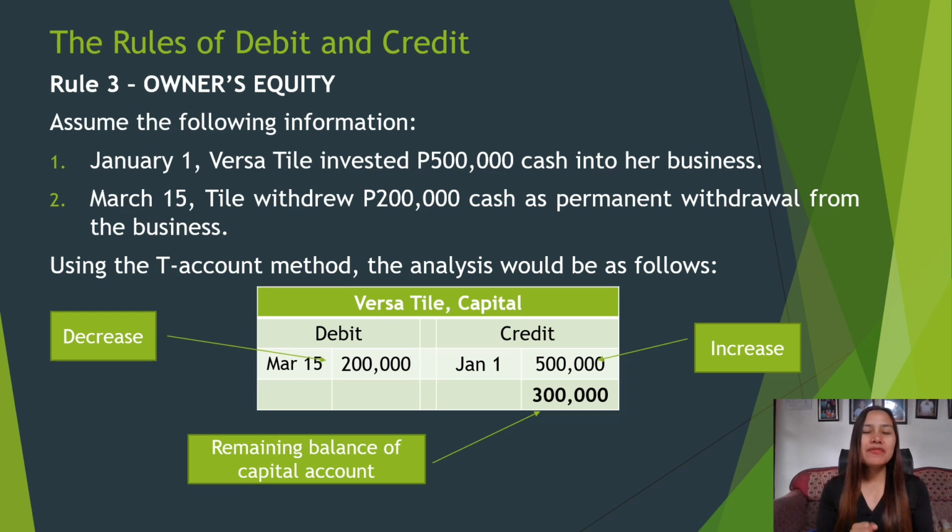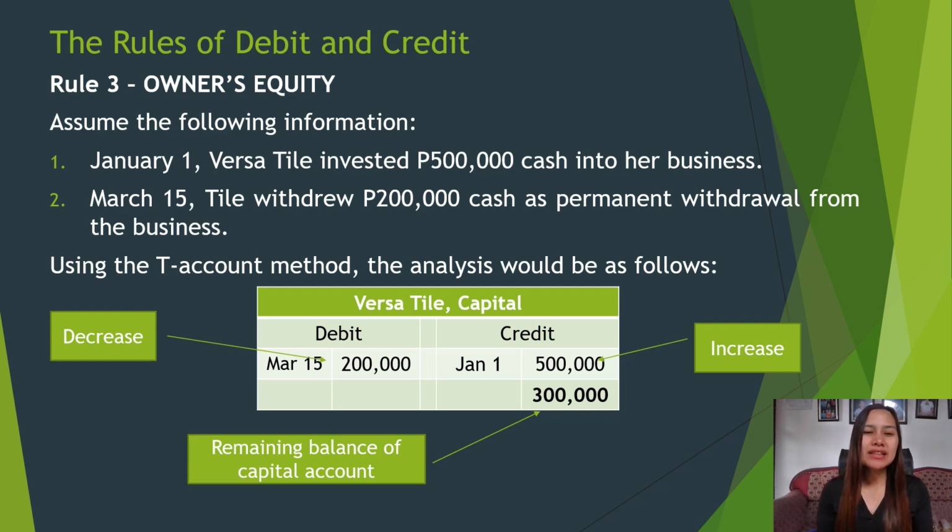The investment of Versatile in the business means an increase in the capital account of the business. So that means as an accountant, you have to credit capital account of Versatile amounting to 500,000. So credit 500,000 to Versatile capital account on January 1.